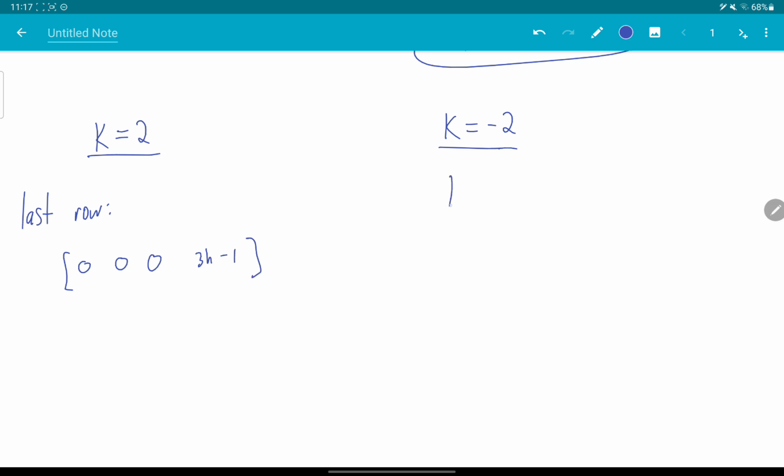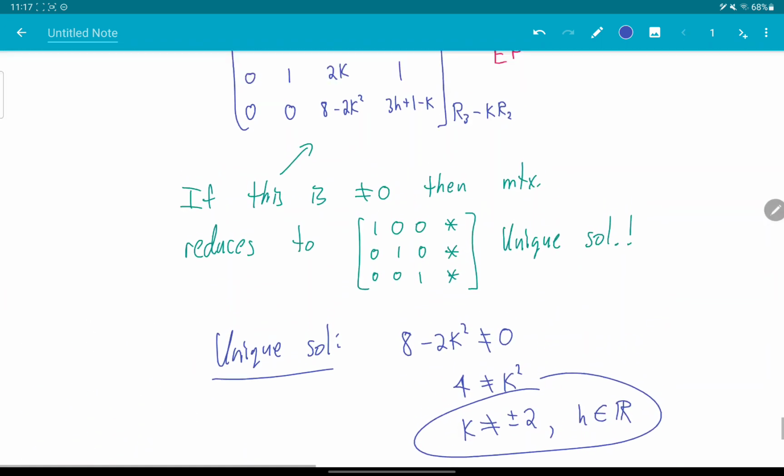And if k equals negative 2, the last row is 0, 0, 0, and I want to say 3h plus 3. Is that right? So it's minus 2. Yeah. Okay.